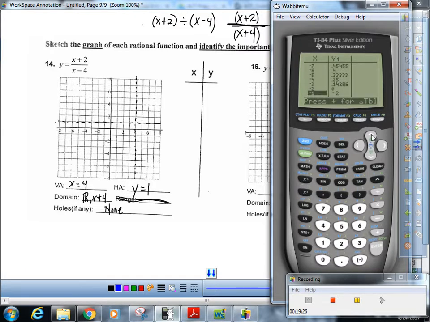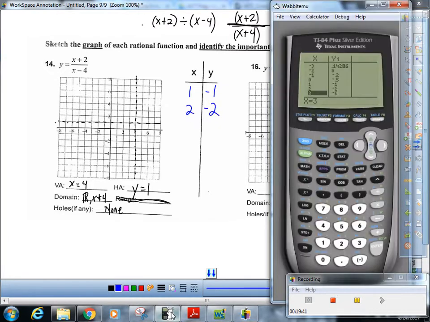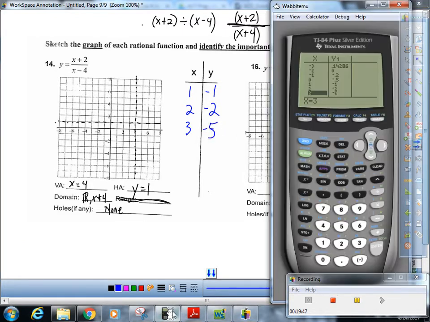So negative, let's see, there's got to be some whole numbers somewhere. There we go. 1, negative 1, 2, negative 2. Three, negative 5. And then if you keep going, the ones down here will be nice as well. 5, 7, 6, 4, 7, 3.